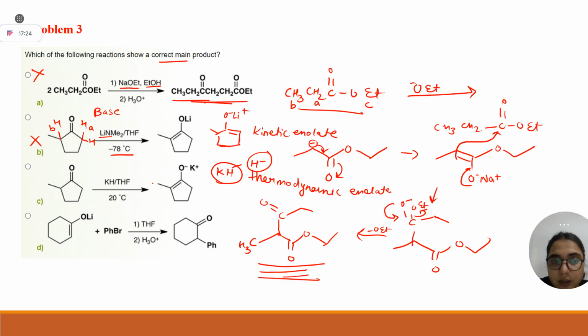Why? Because it has more hyperconjugation, or I can call it, the more substituted bond is more stable. So this is the correct product, so option number C is correct. What about option D? Option D, I have told you, here positive charge is not that stable, so instead of C alkylation, O alkylation will take place.